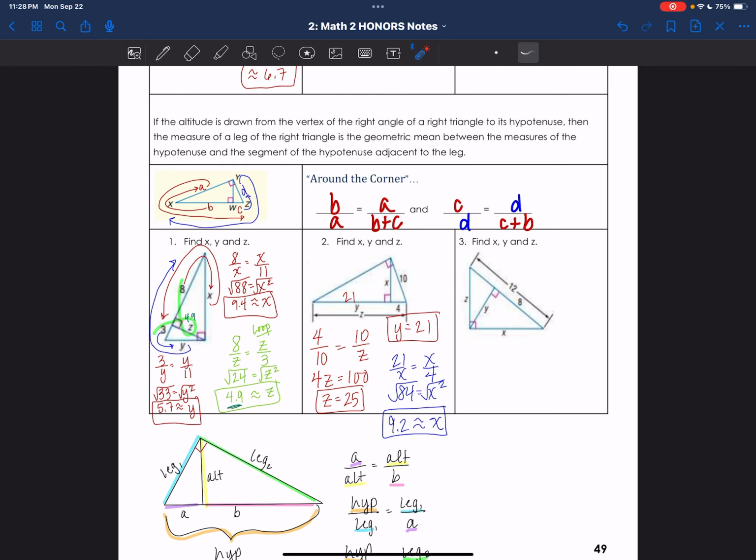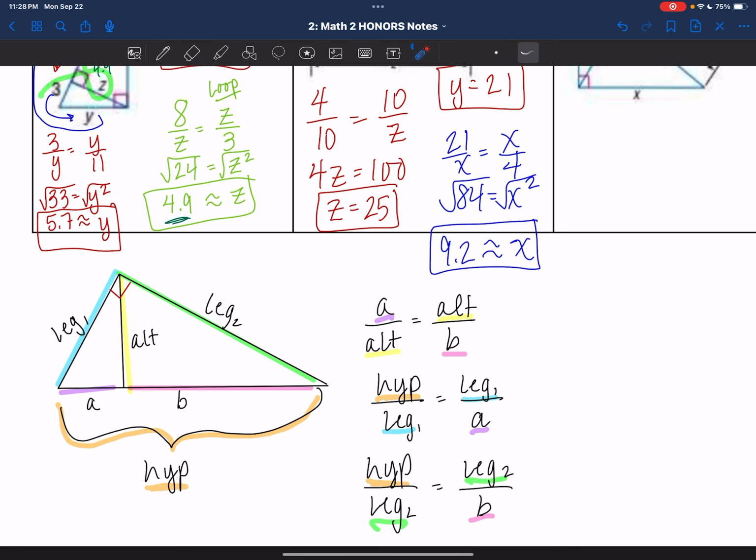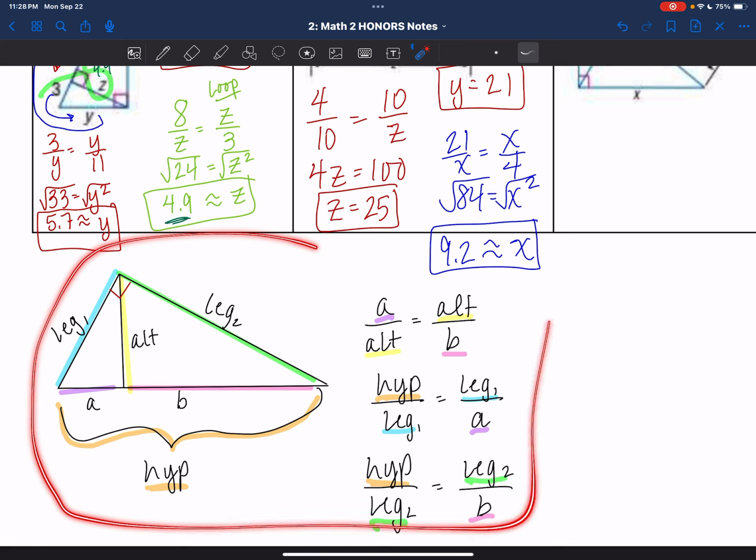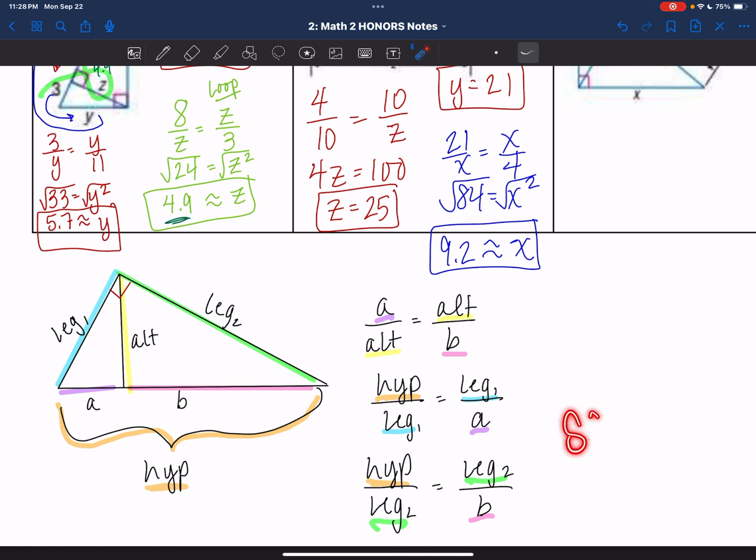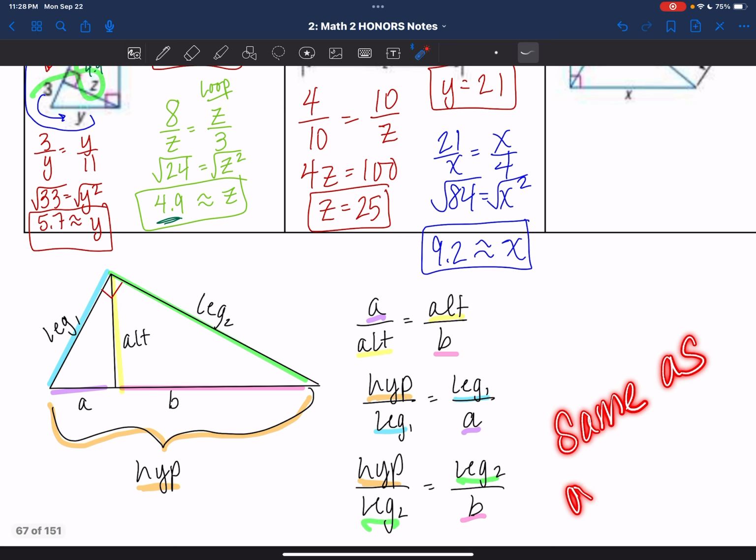So again, whichever way works for you. I also have this if you just like pretty colors. This is kind of the same as loop-de-loo, or the same as around the corner. It's just a different way to think about it.